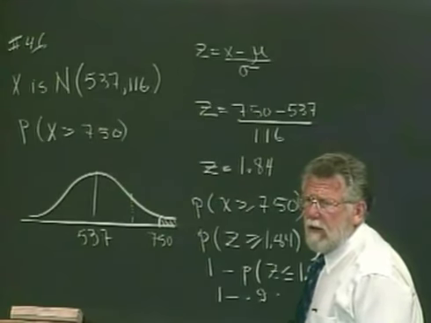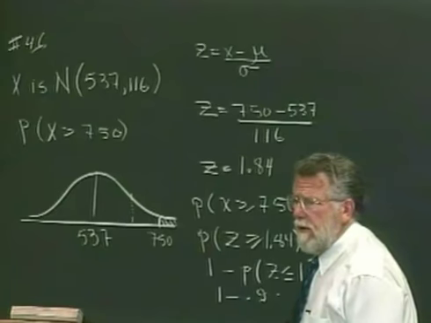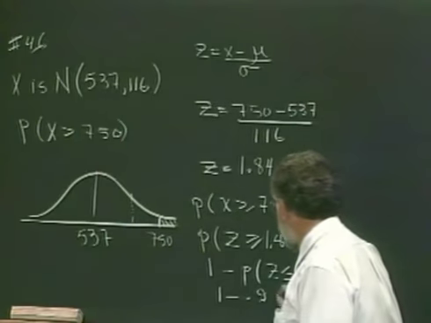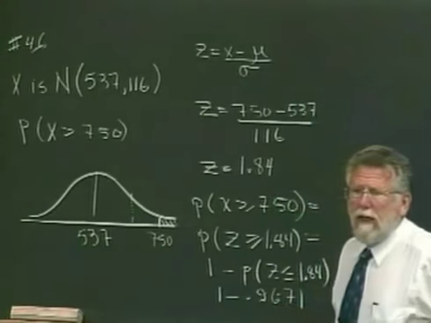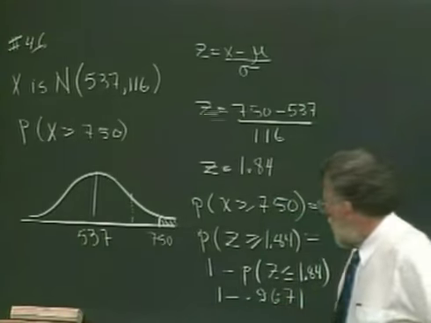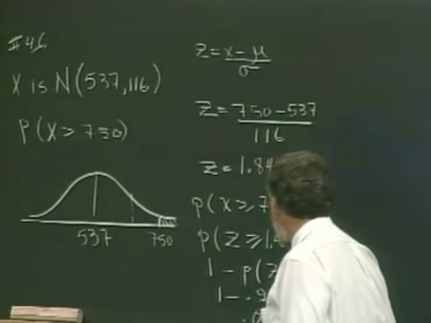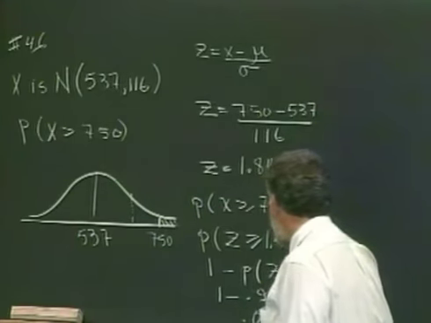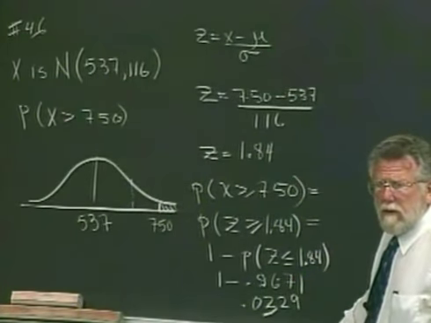On 685, what do you get when z is equal to 1.84? 0.9671. That is then subtracted from the 1 and gives you 0.0329, I'm sorry. Roughly 3%.